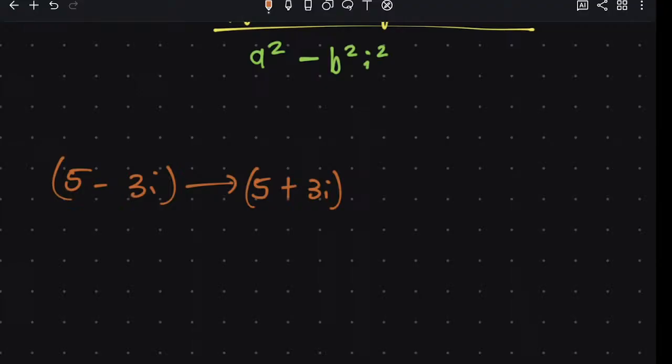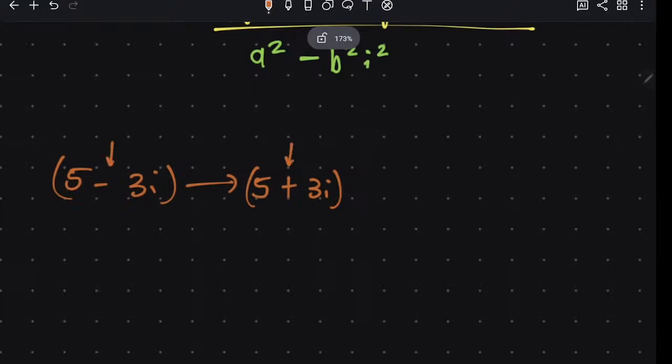Conjugate means bring the exact same thing, but change the sign between them. So these two are conjugates. Students, do you agree with me that these two are conjugates?